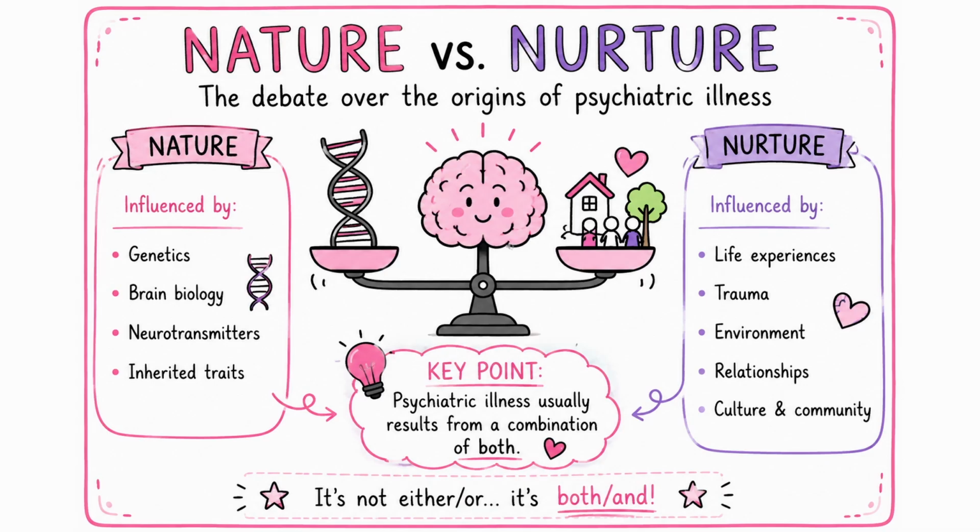One individual may never develop symptoms because of strong social support and healthy coping mechanisms, while another individual exposed to chronic stress and trauma may experience significant depressive symptoms. Therefore, psychiatric illness is best understood as the result of both nature and nurture working together.